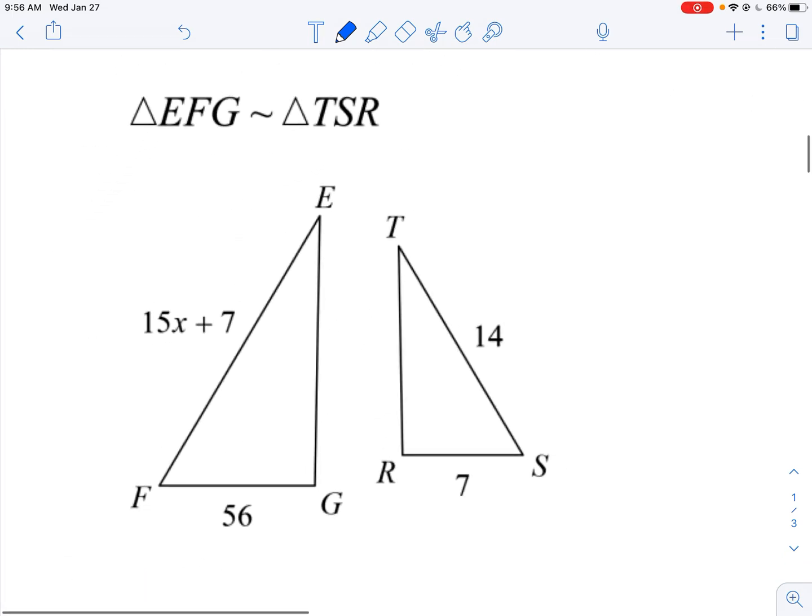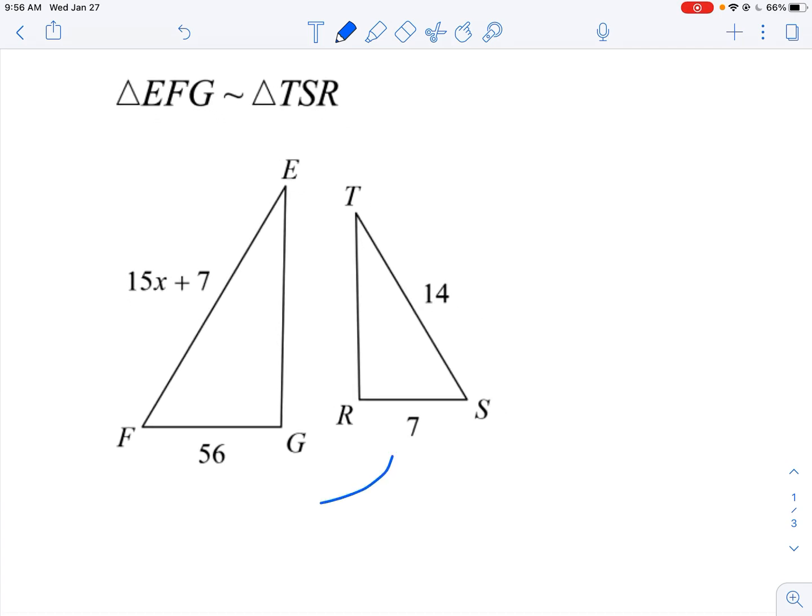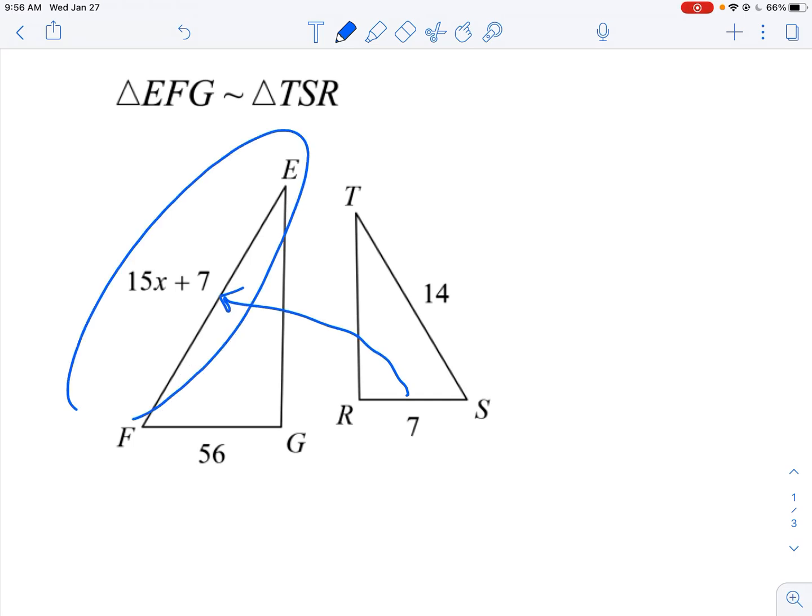So let's jump down to this example. Again, we're going to find our scale factor. So it's like, what do you times one side by to get the other? And when you're trying to figure out your scale factor, you do have to go between corresponding parts of the triangles. And so I wouldn't be going from 7 to this here, because this does not match up with this side in the dilation.